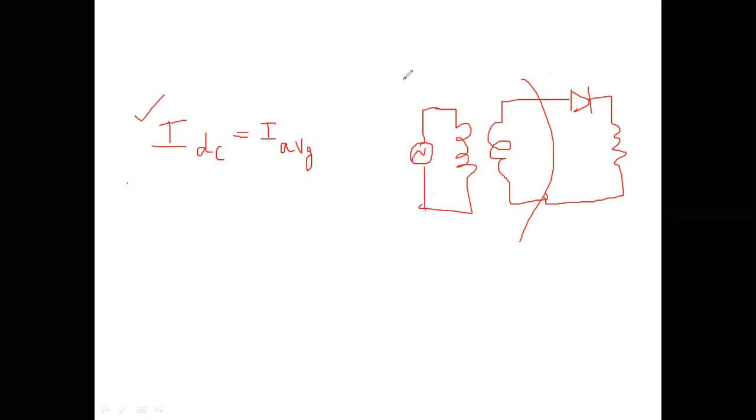Till this point it is the transformer section, and the output of the transformer is also an AC value. From this point it is the rectifier section. Till the red color boundary, I am with AC voltage only.